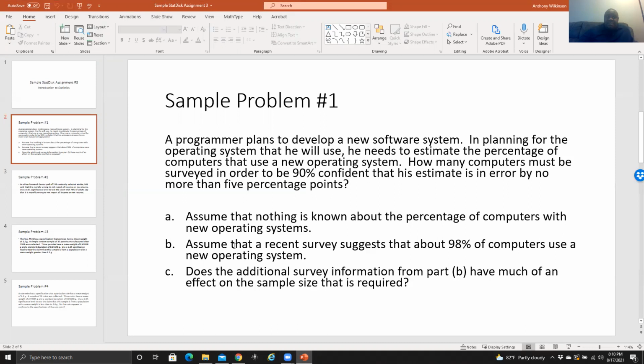It does, because in part A, we came up with 271 computers based on nothing being known about the percentage of computers. But this time, with 98% of computers using a new operating system, the number of surveys needed would be 22. So that means that additional survey information from part B dramatically reduces the sample size. Okay, so that's sample problem number 1.